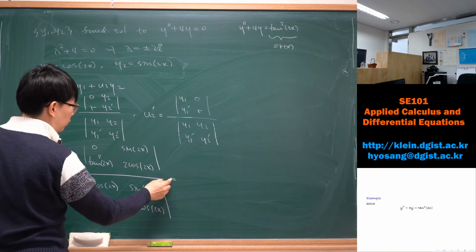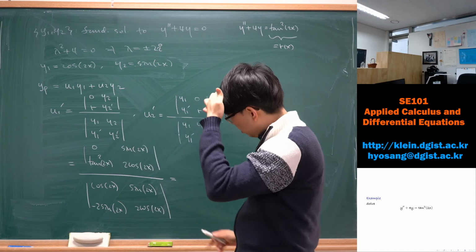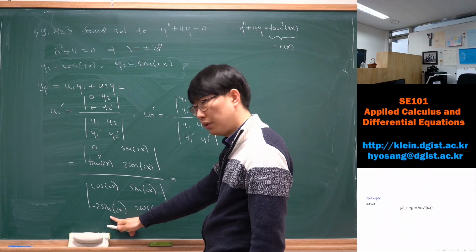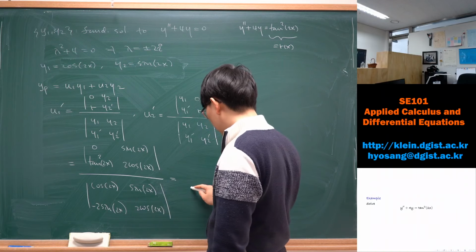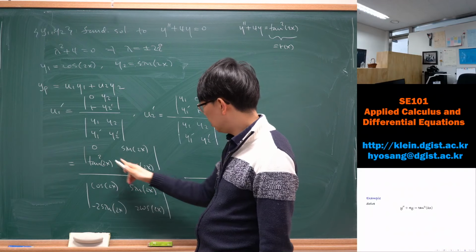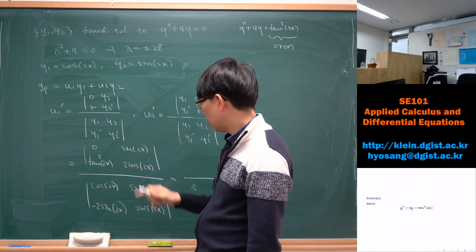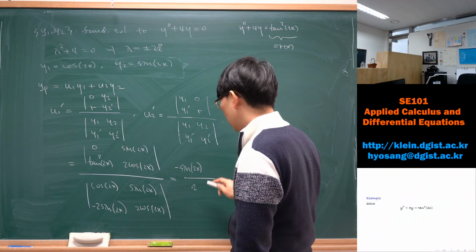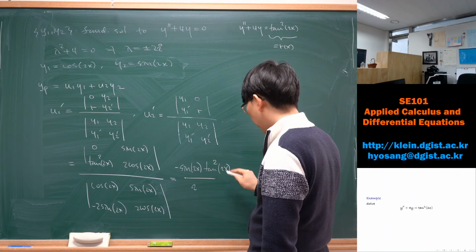Before I compute u2, let's finish this computation. On the denominator, we have 2 cosine squared plus 2 sine squared, which is 2 times cosine squared plus sine squared, so we have 2. On the numerator, 0 times 2 cosine is 0, and we have negative tangent squared times sine, so minus sine 2x tangent squared 2x.